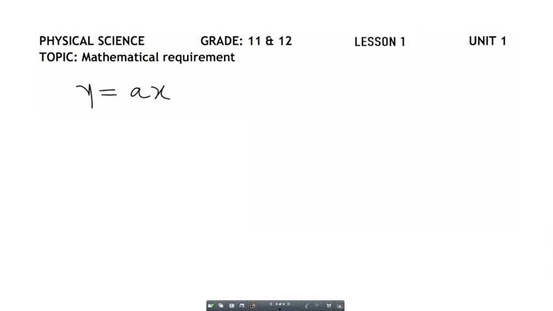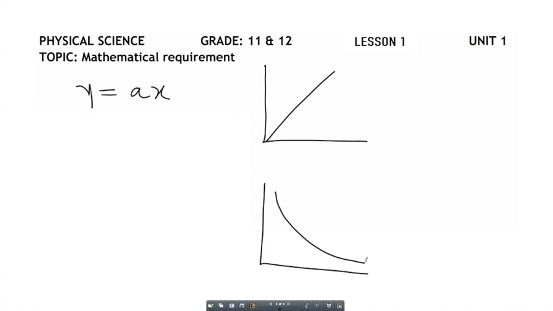I'll give a very simple example on how we may form graphs that will give us a direct and an indirect proportion. Say for example, if we have a graph regarded as the one for direct proportion, and then another graph which is regarded as the one for indirect proportion.